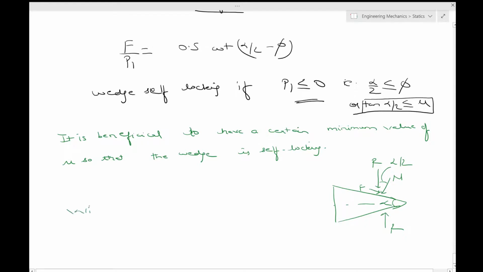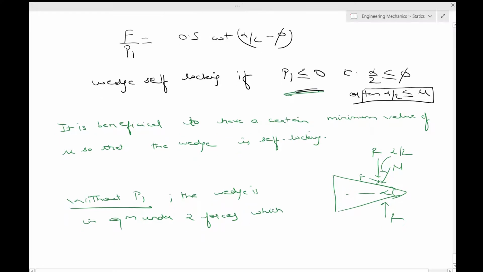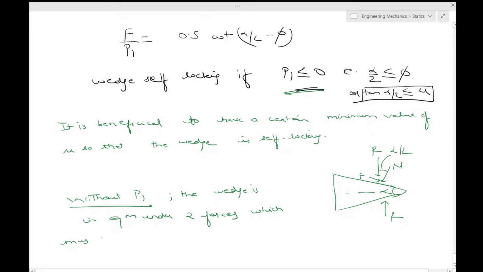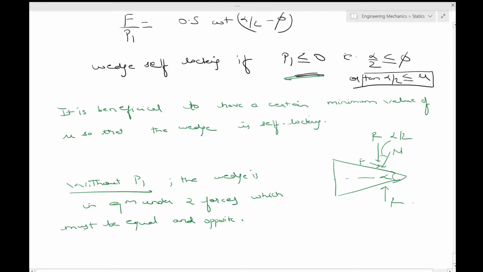So without P1, I mean that's the condition for self-locking, right? P1 is smaller than or equal to 0. Without P1, the wedge is in equilibrium under two forces, which must be equal and opposite, as is shown in this diagram.